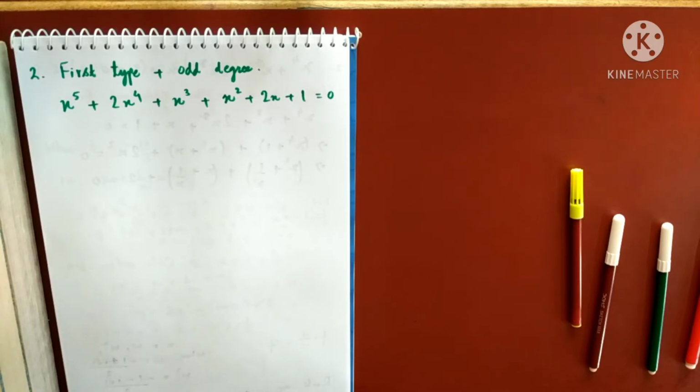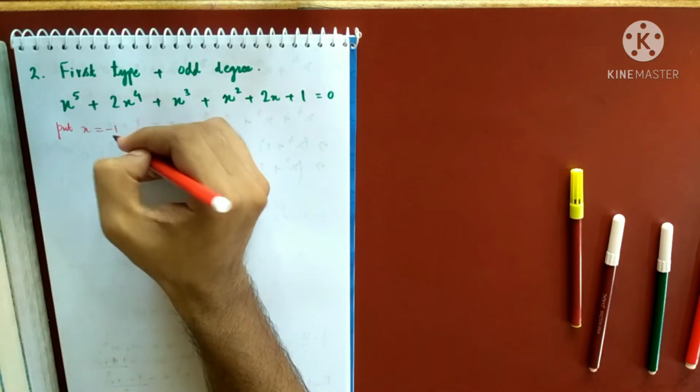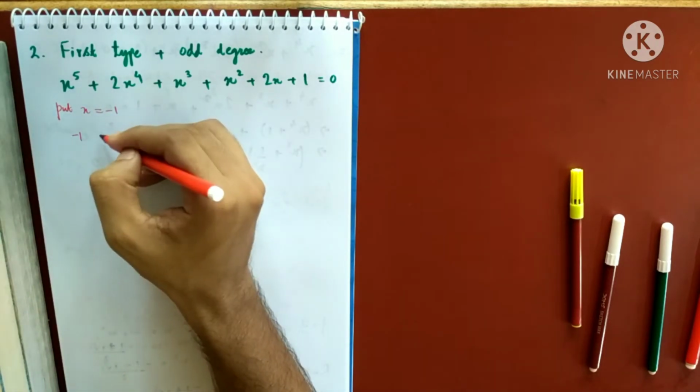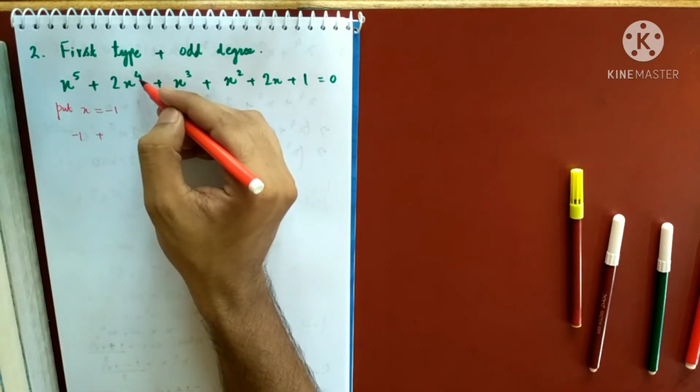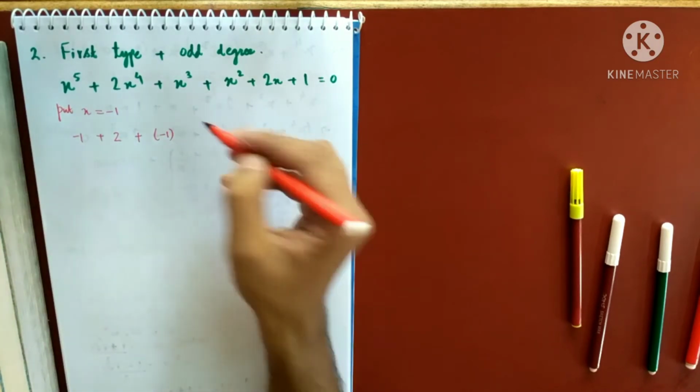You see, minus 1 will be a root of this equation. Always. Let's check. Put x equals to minus 1. Let's see what happens. Minus 1 to the power 5 is minus 1. Minus 1 to the power 4 is 1, into 2 is 2. Minus 1 cube is minus 1.